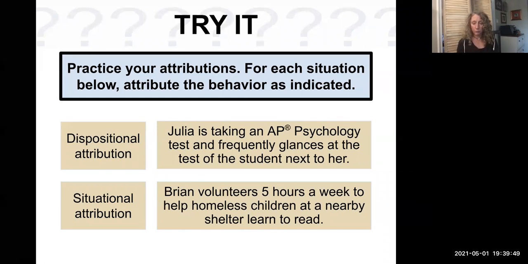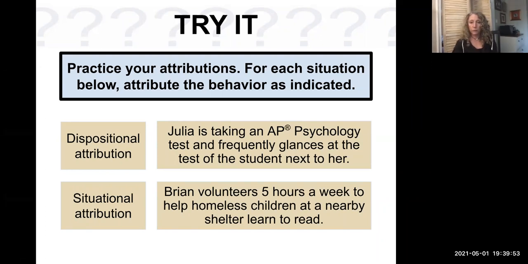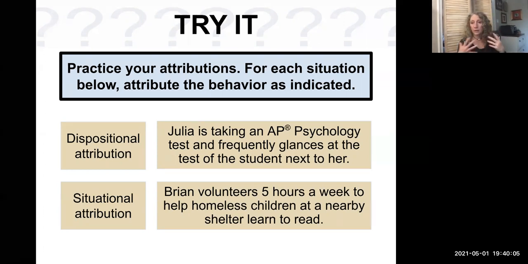And with Brian volunteering 5 hours a week, we could explain his behavior based on the situation, where there are a lot of people in that particular community that are homeless, and he is going to help them because of that high homeless group.